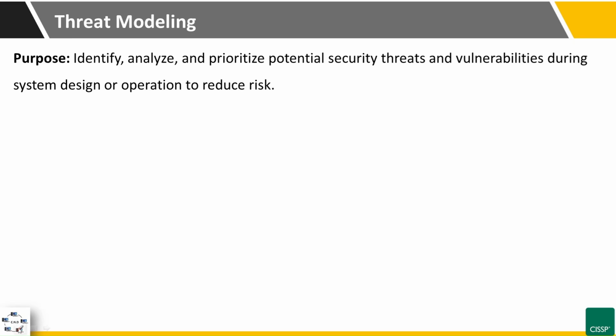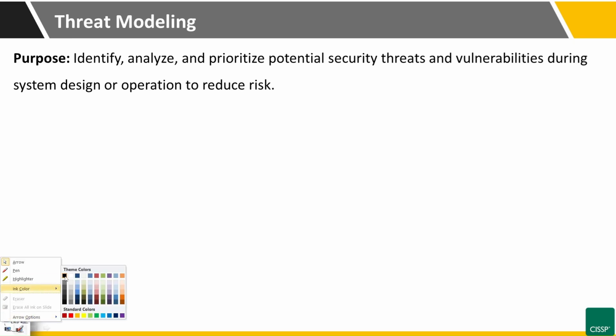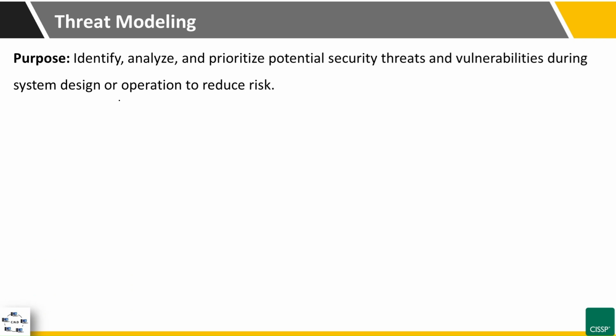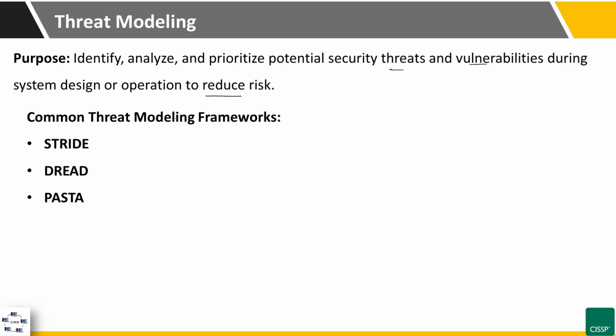Our next topic, and an important topic to consider, is threat modeling. The purpose of threat modeling is to identify, analyze, and prioritize potential security threats and vulnerabilities during system design or operation to reduce risk. In this topic, we will go through common threat modeling frameworks, and these are very important.